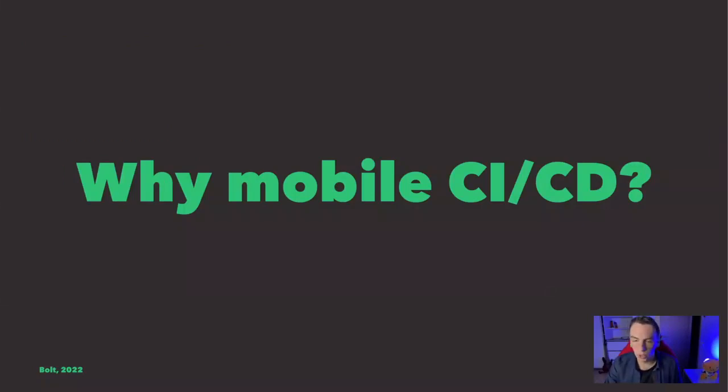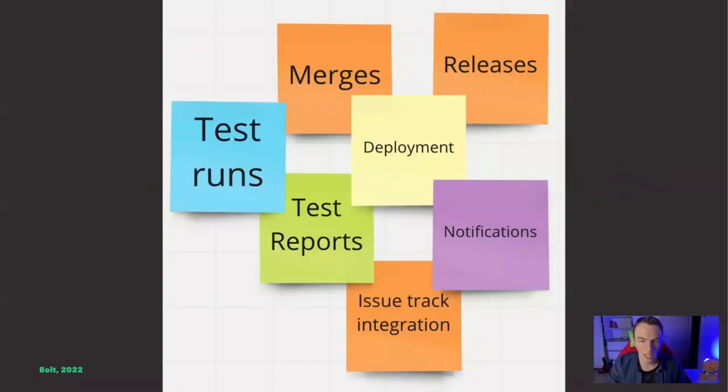So why do we use mobile CI/CD solutions in the first place? Let's take it from the development perspective. We as developers are doing a lot of tasks, right? We're writing the code, then we submit pull requests, then we expect those requests to be merged into the develop or main branch.